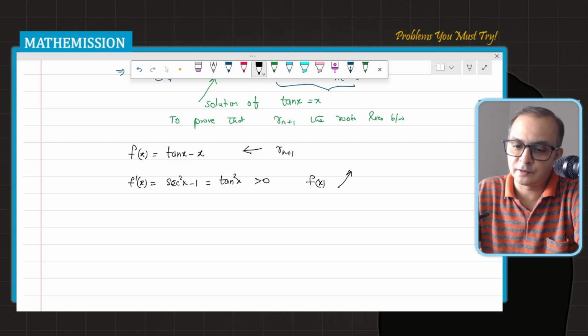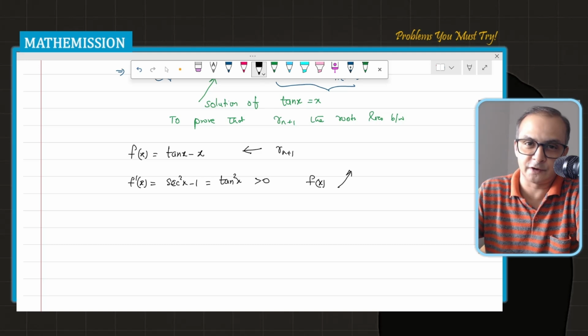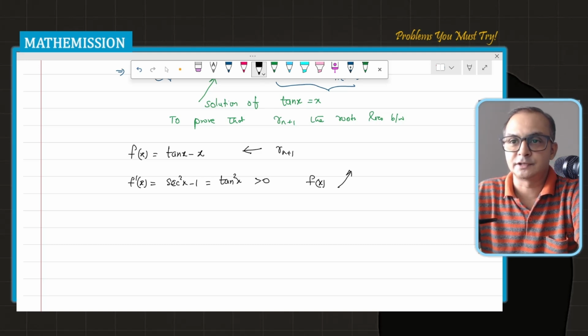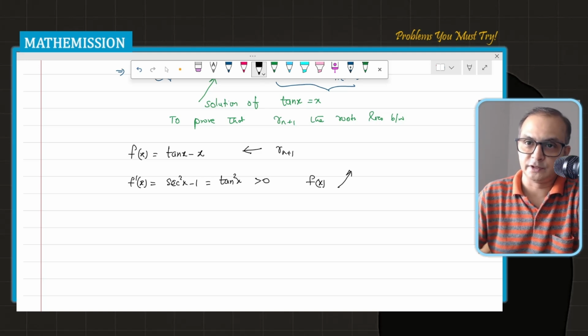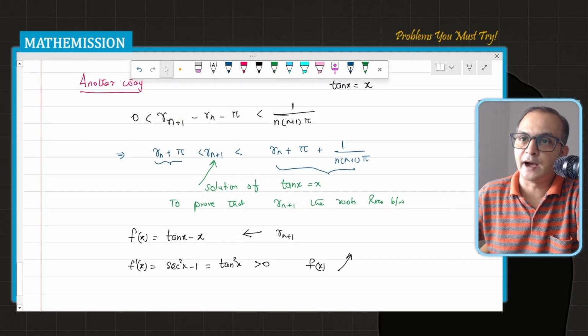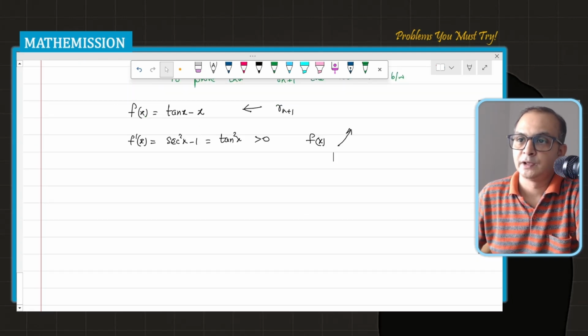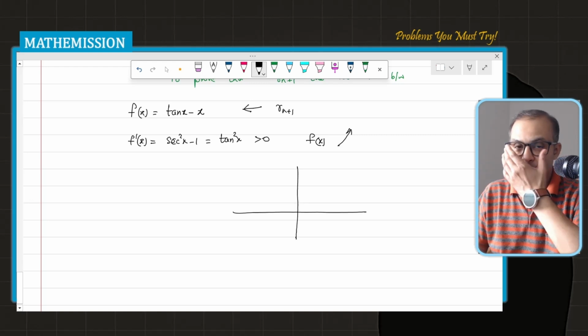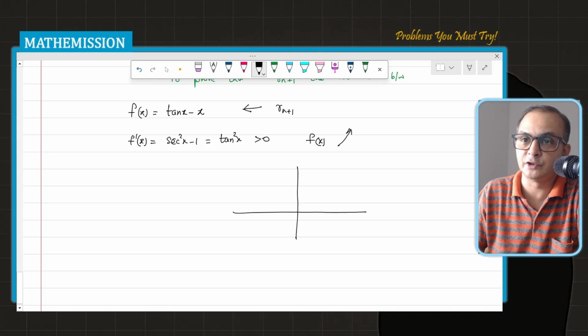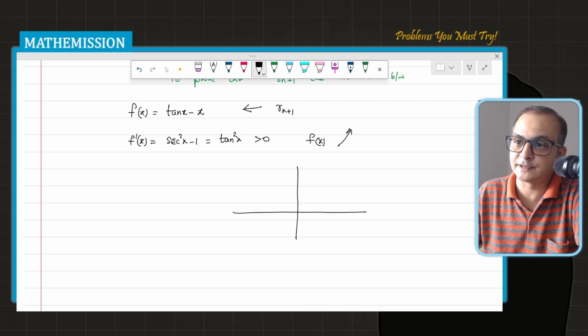So if the graph is always increasing, there must be one root if it crosses the x-axis one time. And what kind of condition do we have to establish in support of our argument that the graph is crossing the x-axis one time, and Rn plus 1 is the root? We have to establish that Rn plus 1 is lying between these two quantities. It means tan x minus x, this is a graph I'm drawing just schematically to give you the idea, let's say the graph is going like this.